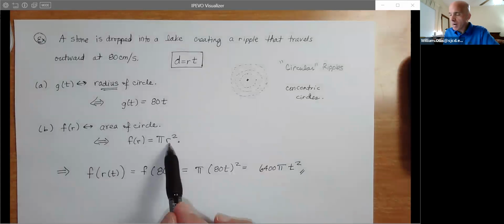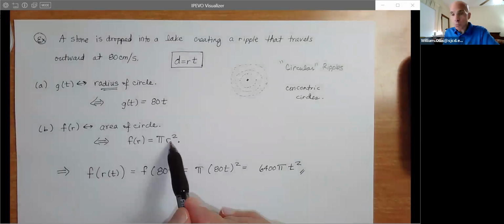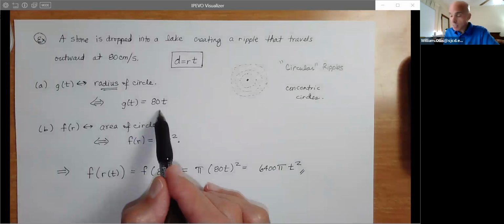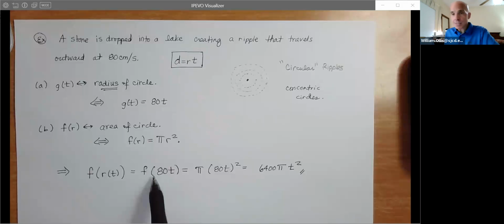Well, based on the radius, we know the area of a circle is pi r squared. So we simply replace the radius with the function g of t, which defines the radius. And so basically, we write this as a composition. Even though this is very simple, the composition is basically embedded in the problem.